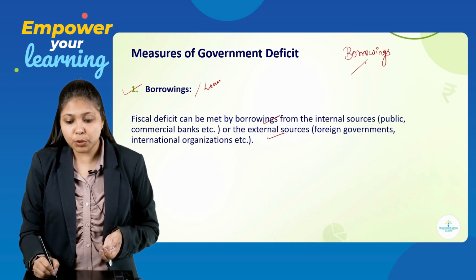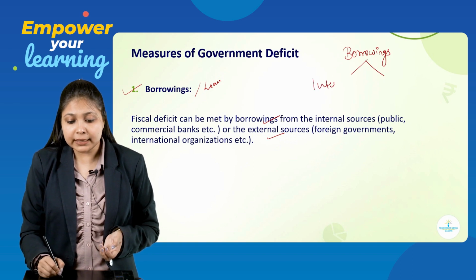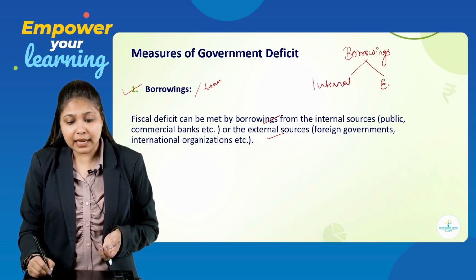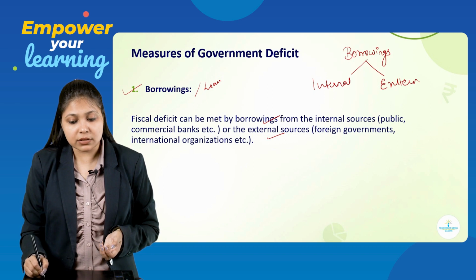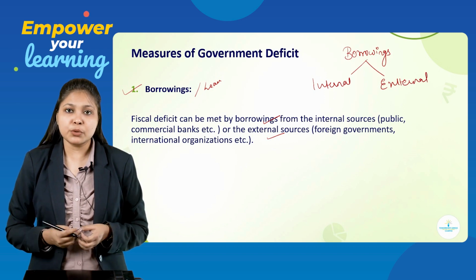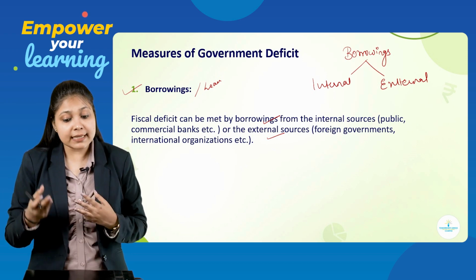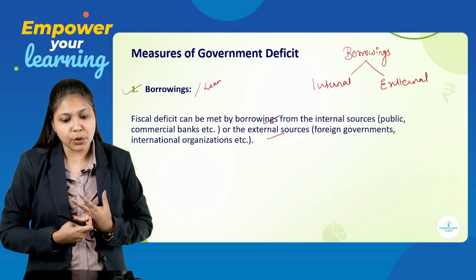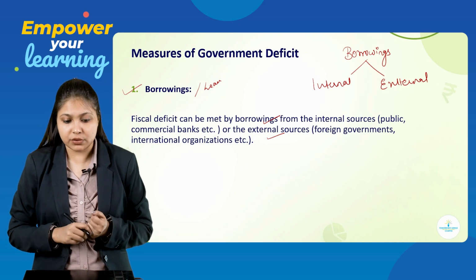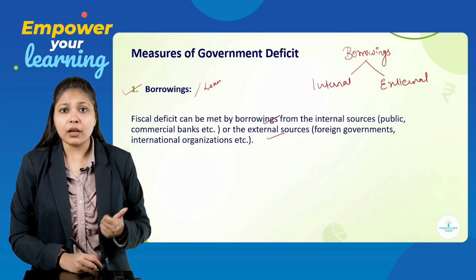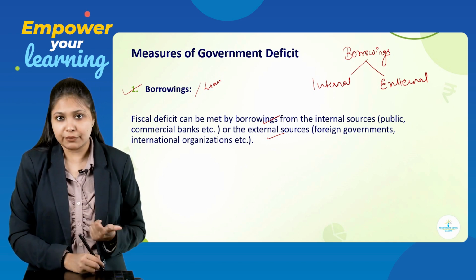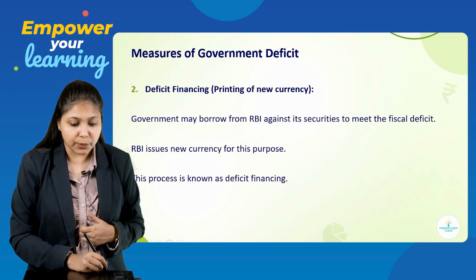You can borrow money from an internal source as well as from an external source. Internal sources can be the public or a commercial bank, whereas external sources are foreign governments or international organizations. So the first thing through which the problem of deficit can be solved is through borrowings.